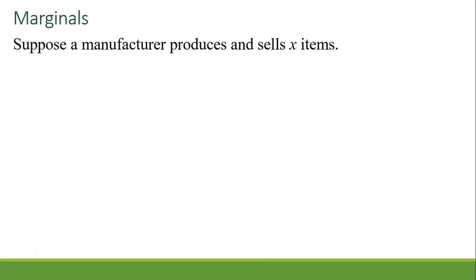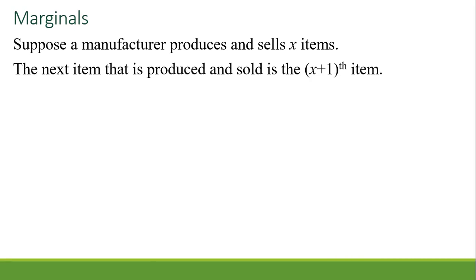Now we've said that the manufacturer produces and sells X items, which means the item after item X would be item X plus 1, the X plus 1th item. So the item after the 30th item is the 31st item, or the item after the 70th item is the 71st item.